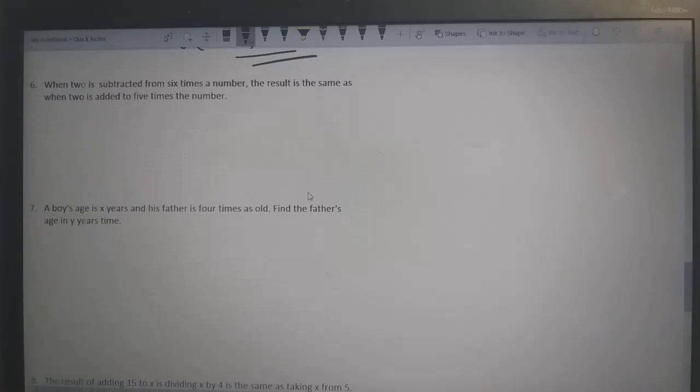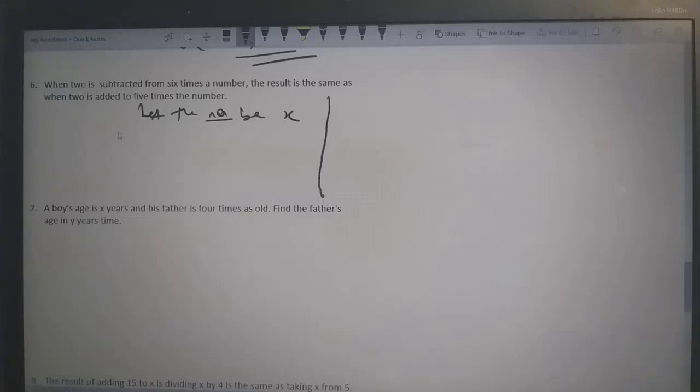This is another question. When 2 is subtracted from 6 times a number, the result is the same as when 2 is added to 5 times the number. Don't forget, take the statement bit by bit. So when 2 is subtracted from 6 times a number, let the number be x. So let me use this for consistency's sake.